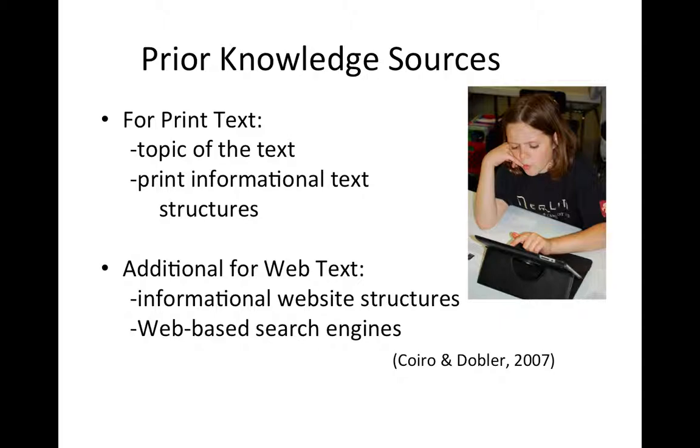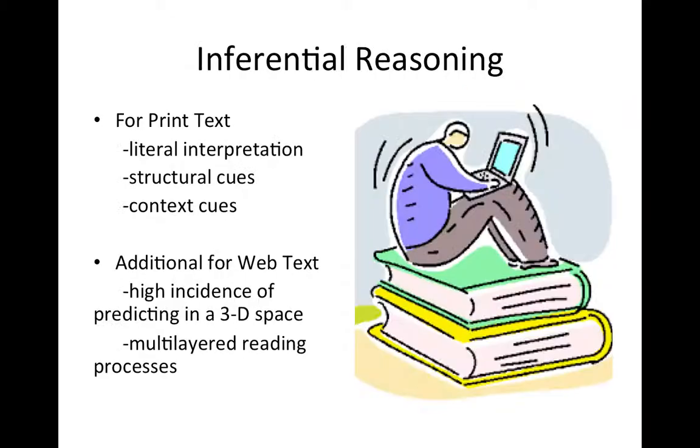The other kind of prior knowledge you need when reading web text is you need to know how search engines work. So if you type in those keywords, you're going to get some results, and how do you decide which of those results are going to be helpful? So you have this basic information needed for print text, and then think of it like adding layers on top of that for being able to understand what you're reading on web text.